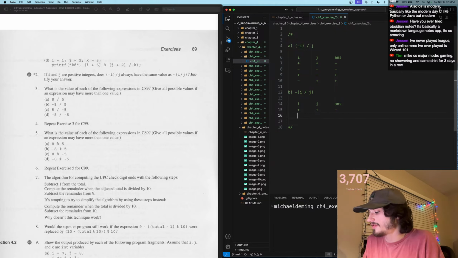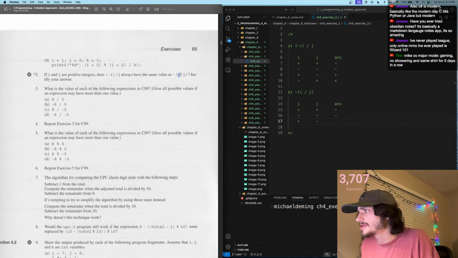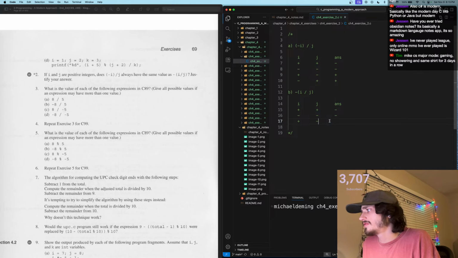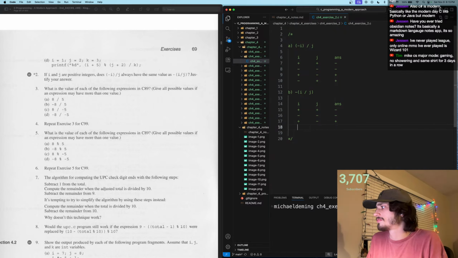If I is negative and j is negative, this would become positive, the answer would be negative. If I is positive and j is negative, this would give a negative answer in the parentheses, multiplied by a negative to give you a positive answer.